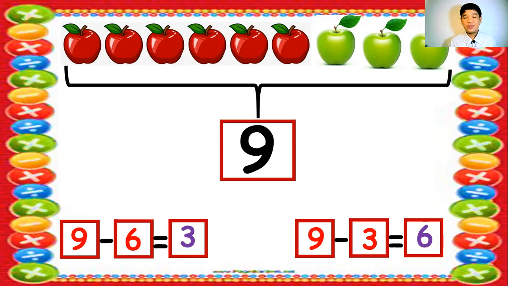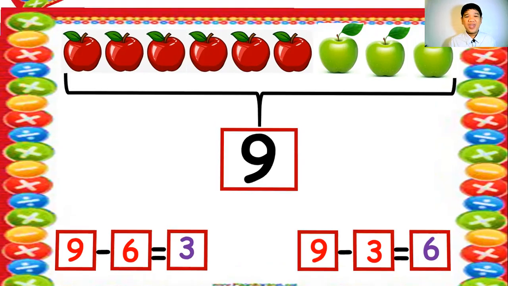Or, using the addition method, 6 red apples plus 3 green apples is equals to 9 apples altogether. Have you seen that? Okay, very good.